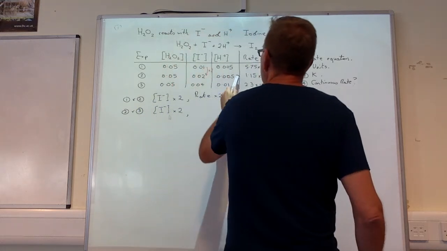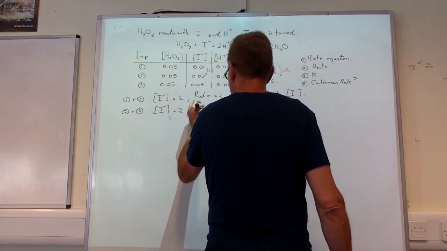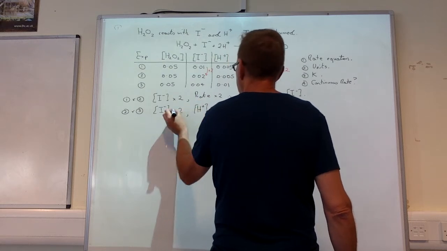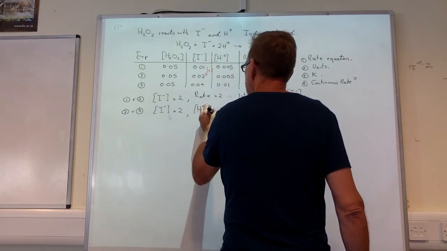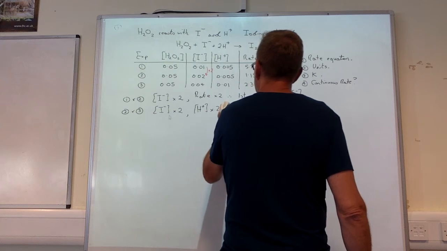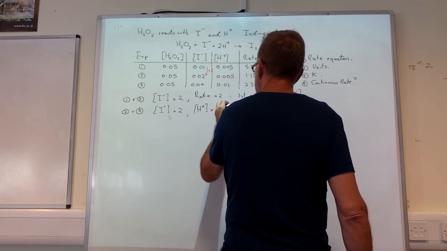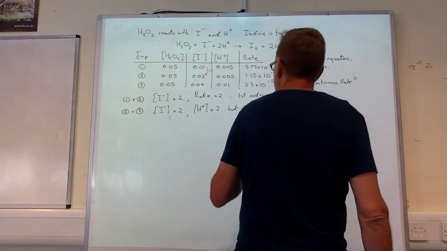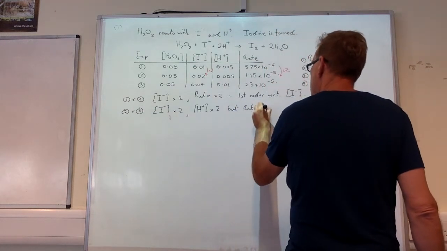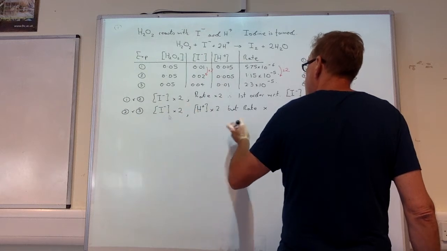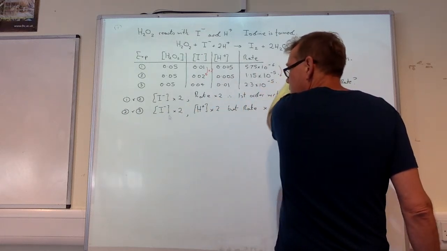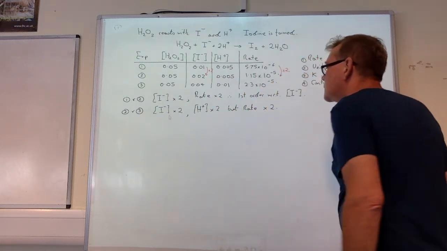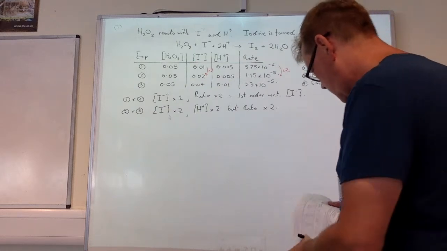Okay? H plus changing 2 things simultaneously. First time we've seen that. Is also doubled. The rate is doubled. And we'll do more of this, changing 2 things to see what effect it has on the rate. But we'll do that later. Rate is doubled. Conclusion. Okay?